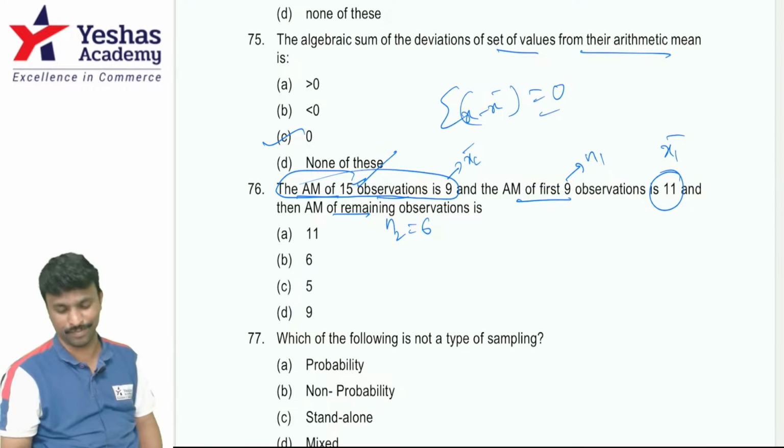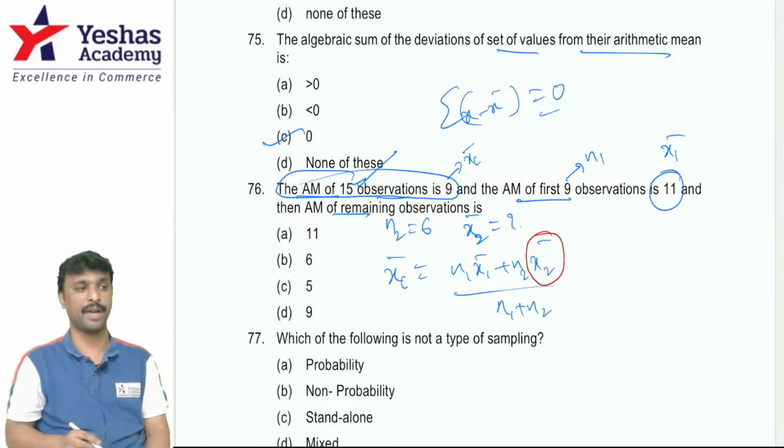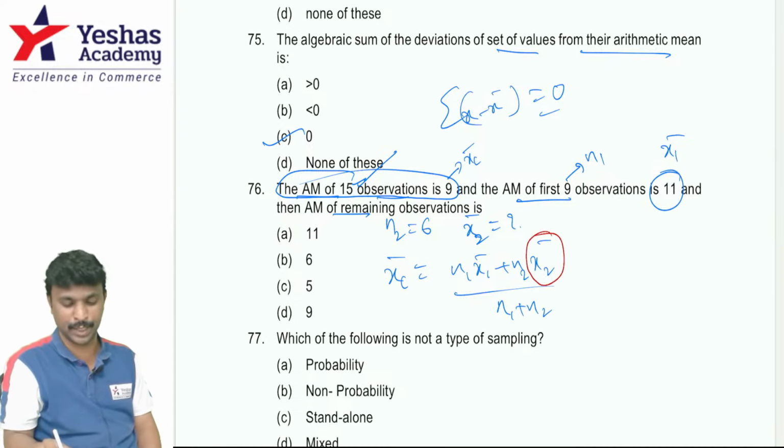Guys, what is the xc bar formula? N1 x1 bar plus N2 x2 bar divided by N1 plus N2. What is the unknown here? x2 bar. Keeping x2 bar here, transpose everything to the other side. First of all, N1 plus N2 is what? 15. 15 into xc bar is what? 9. That will stay there only. So it's positive. Now N1 into x1 bar.